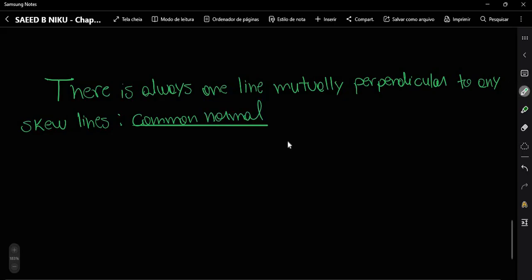Okay, what else? Of course, now we have to set what is a normal. So the common normal is the shortest distance between the scale line.